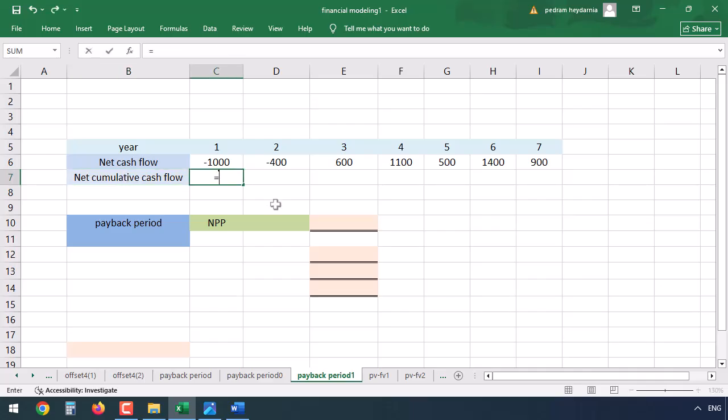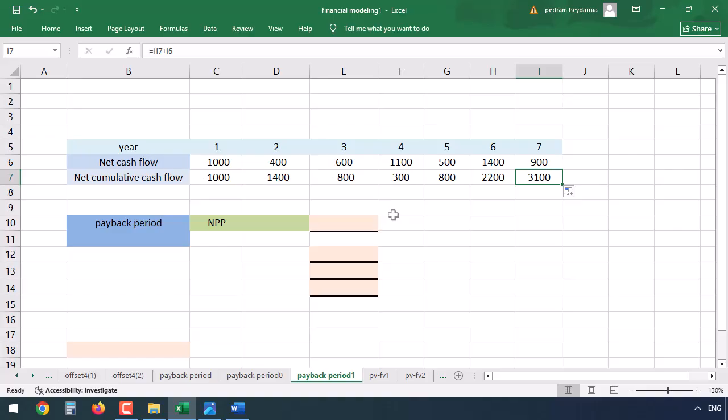I deposited 400 in the second year, making it negative 1,400. I withdrew 600 in the third year, making it negative 800. I withdrew 1,100 in the fourth year, making it plus 300, and so on. 800, 2,200, 3,100. We want to write a formula to understand after how long our principal investment has been fully recovered.